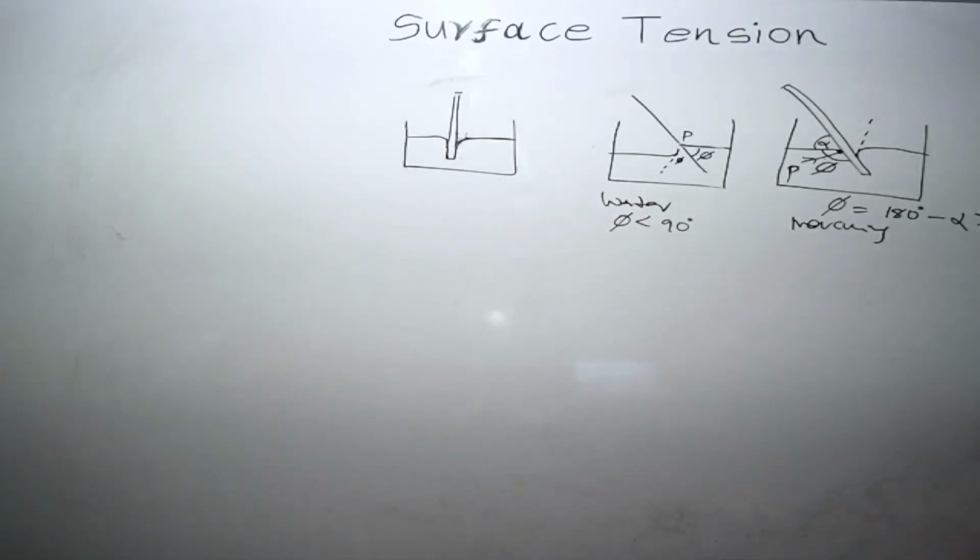Another point: incline the plate till one side of the liquid surface becomes completely horizontal, up to the point P.